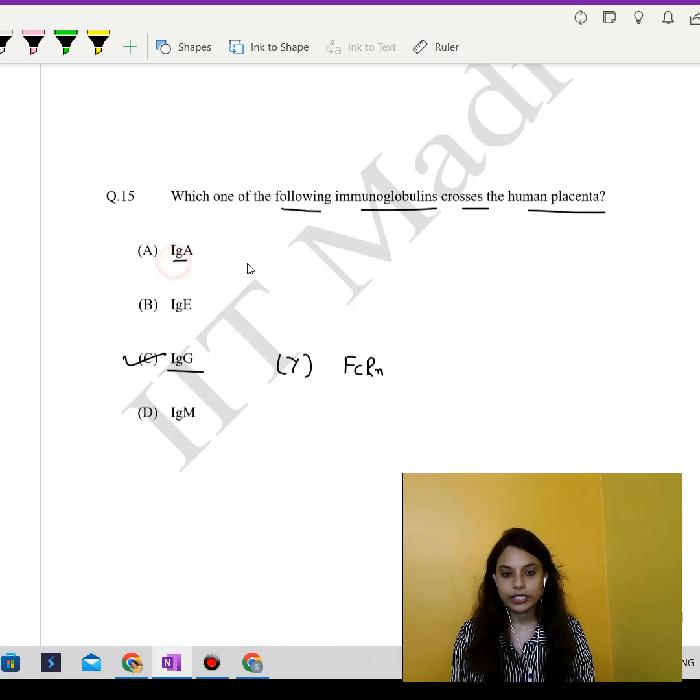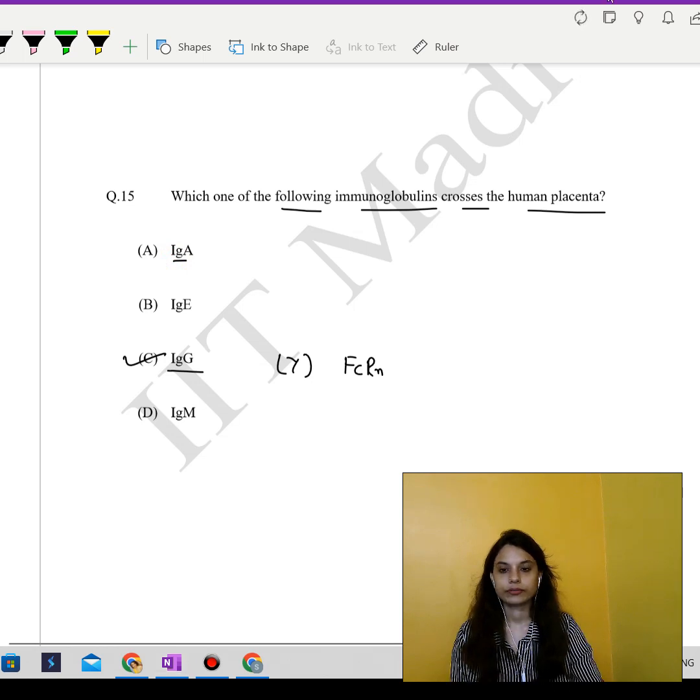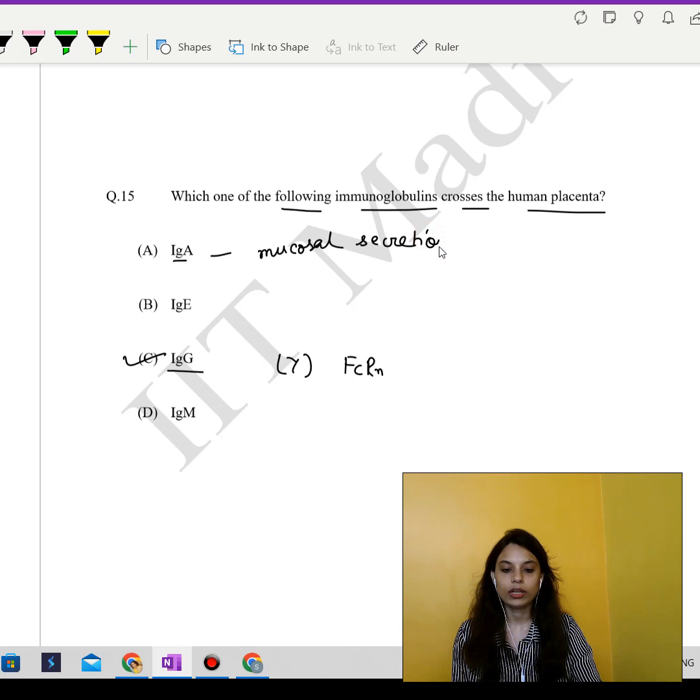Now, coming to option A, let's discuss these options also. This is primarily found in mucosal secretions, that is, tears or saliva and all, and it's not effectively transferred across the placenta due to its larger size and different structure.